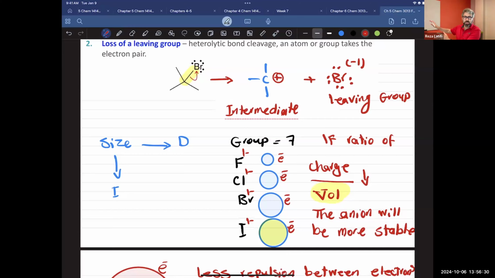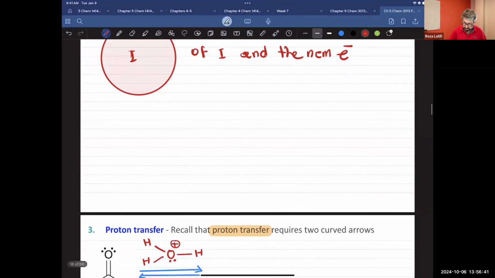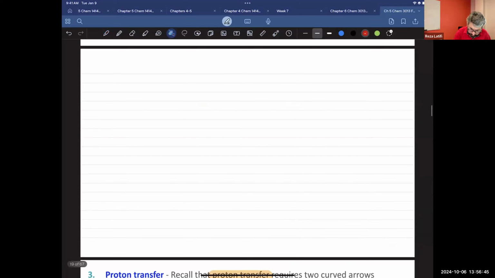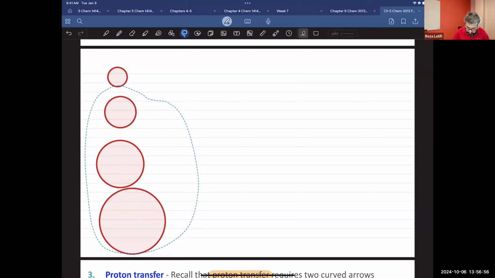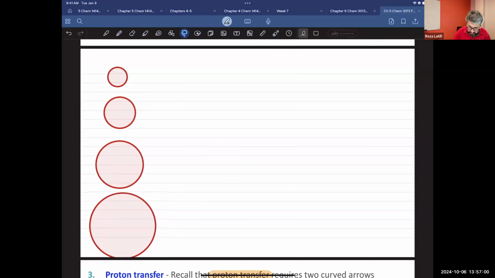Now, before we jump to the anion, which one is more stable? Let's go back for a second. We broke a bond. Which one is going to be easy to break? We have fluorine, chlorine, bromine, and this one is going to be iodine. Let me move them a bit. Where's hydrogen?